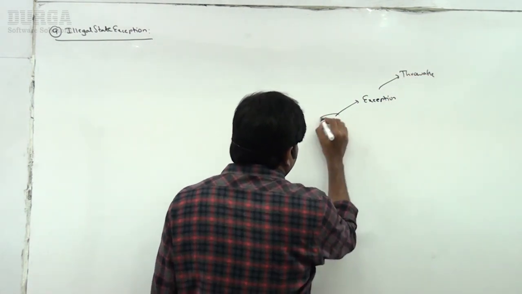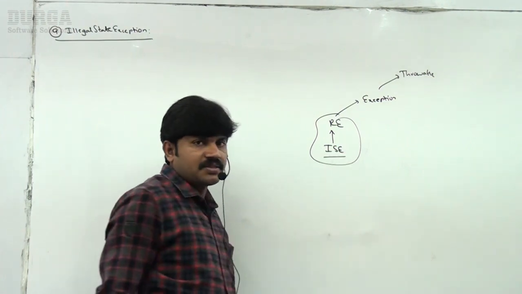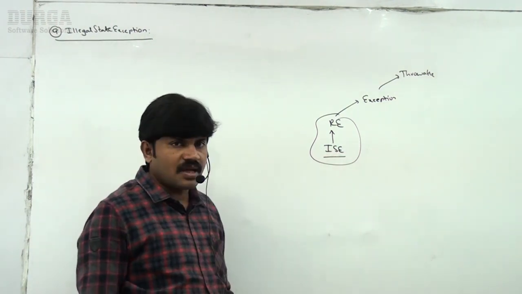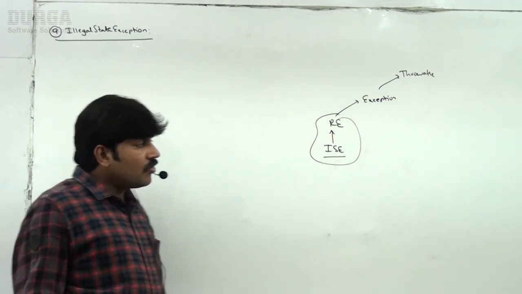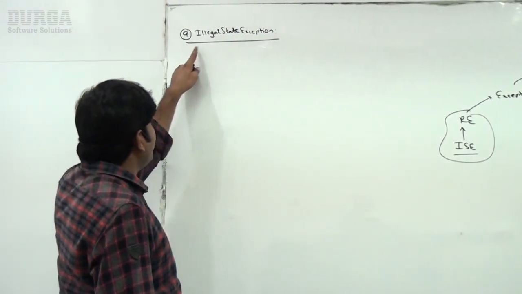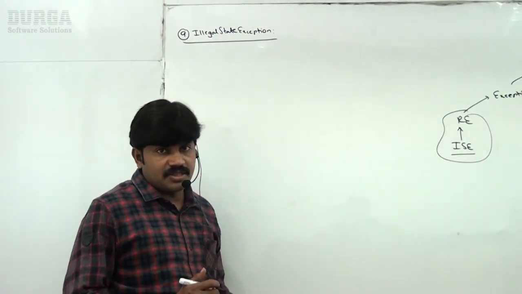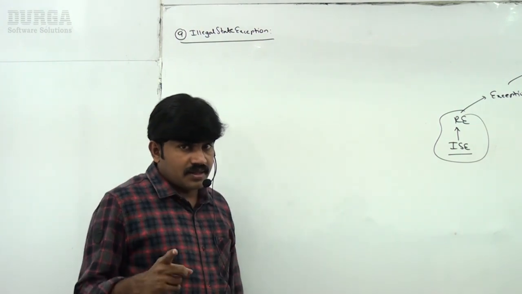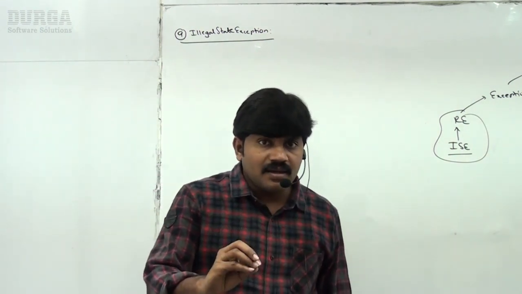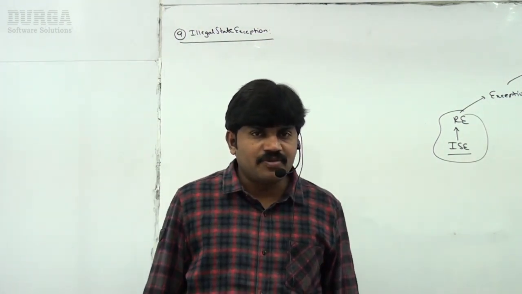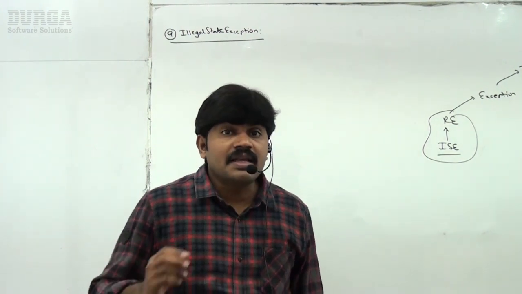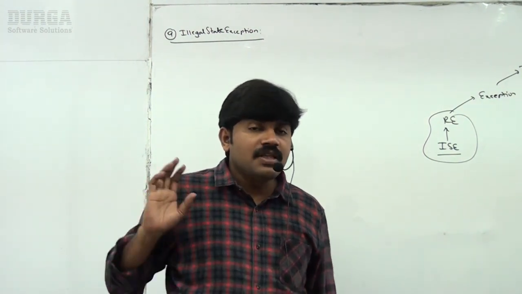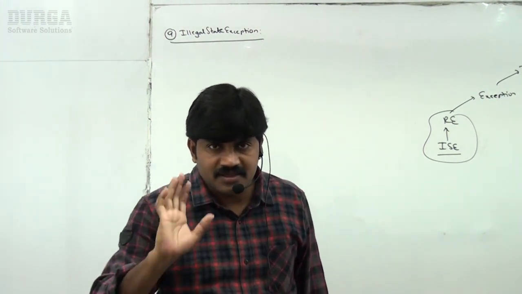So this one is unchecked, because RuntimeException and its child classes are unchecked. Now, when are we going to get this IllegalStateException? Very simple: if we are calling a method at a wrong time, then we will get an IllegalStateException.